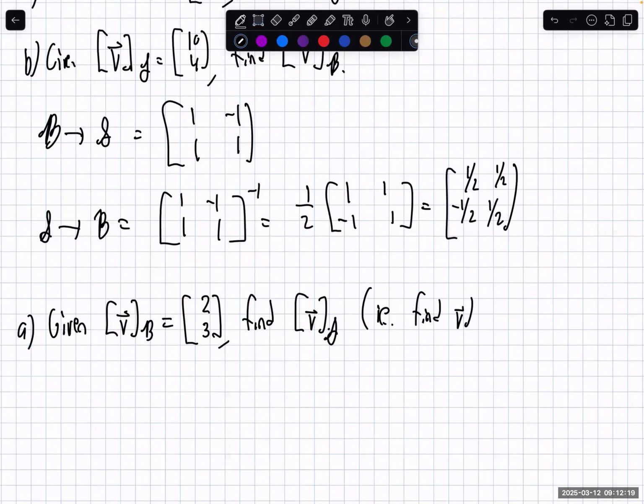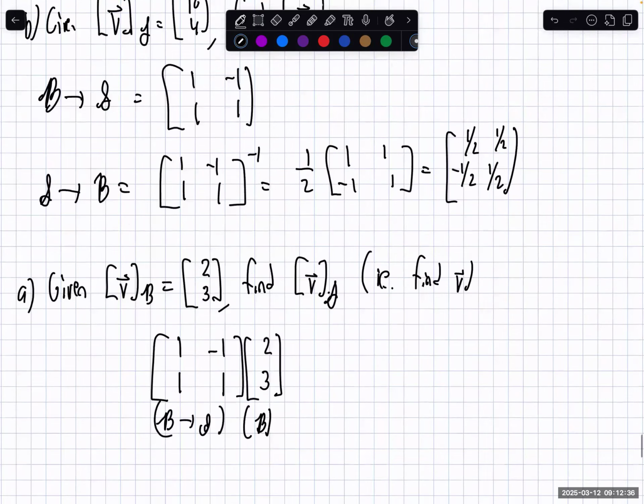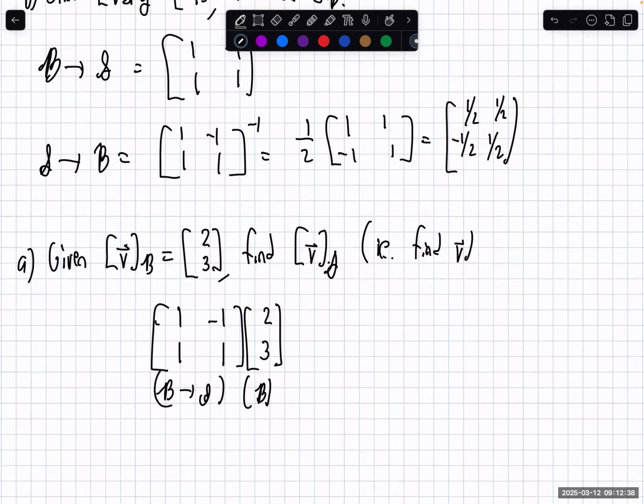We want to find the S coordinates. So we apply the B to S conversion matrix to the B coordinates.